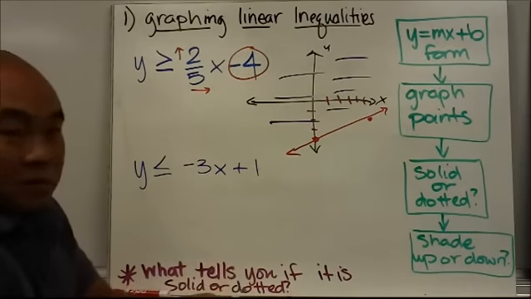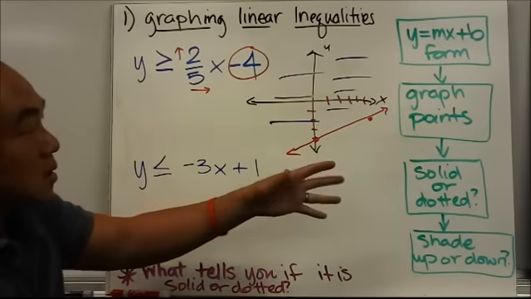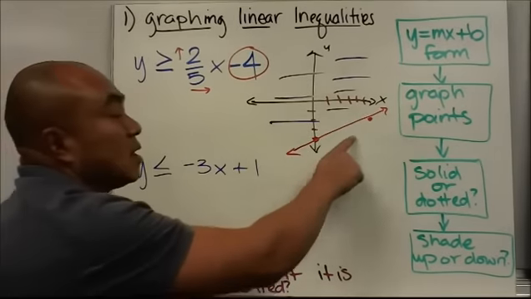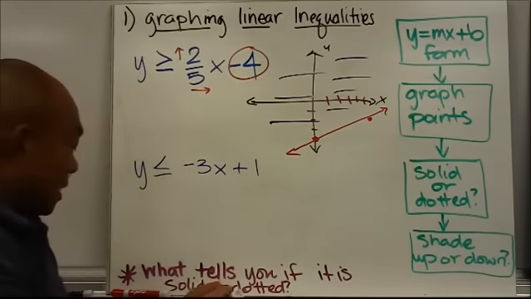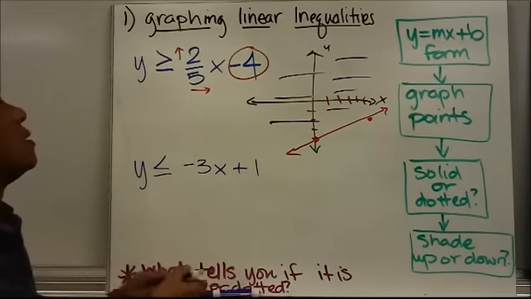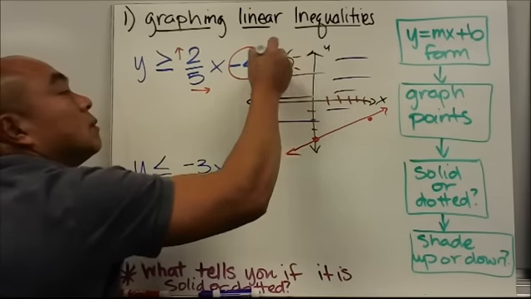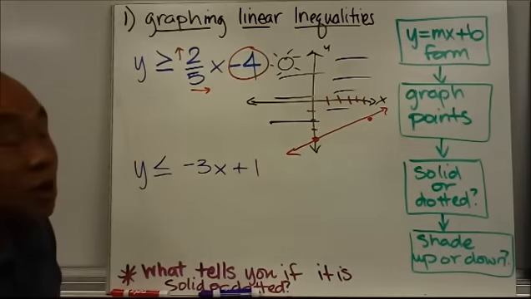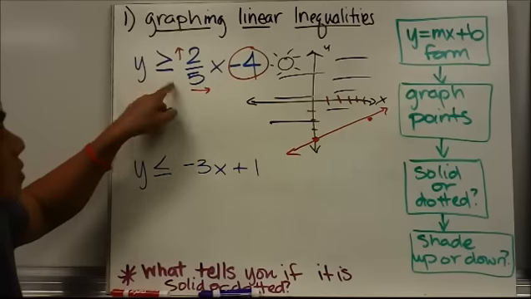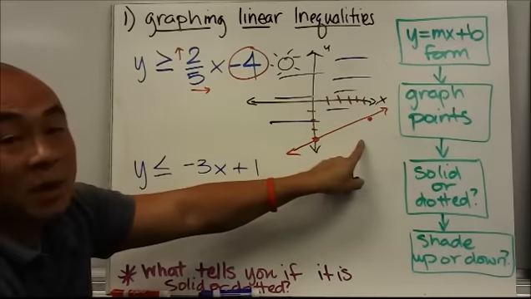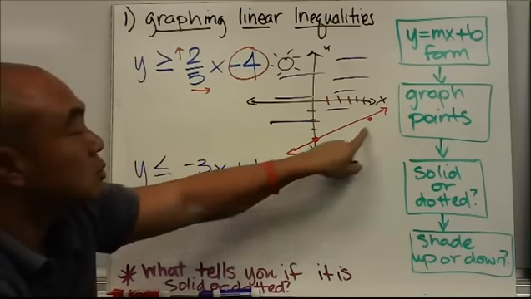Now, what I've told others to do is think of this as a picture, where this is a hill or a mountain that you're going up, and this is your sky. So if you're undecided on which way to shade, if y is greater than, then you shade the sky. If y is less than, then you shade the mountain, or the rocks that you're walking on.